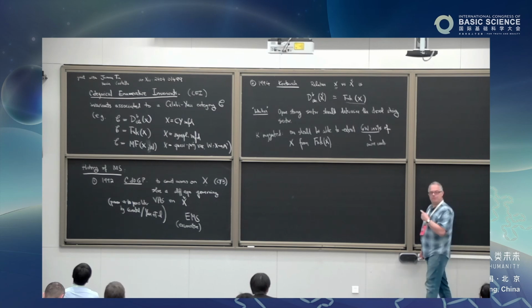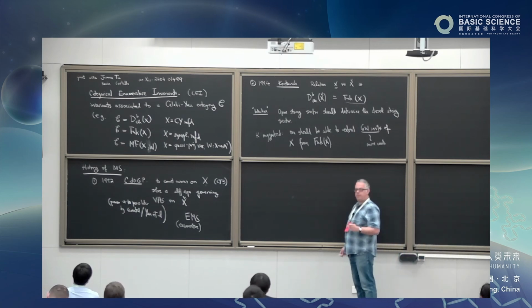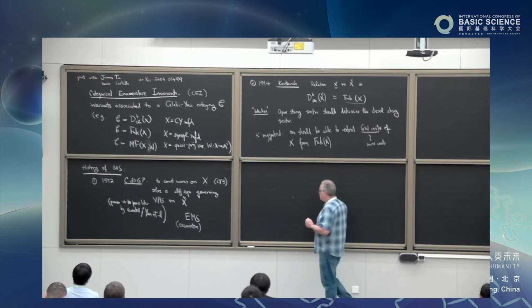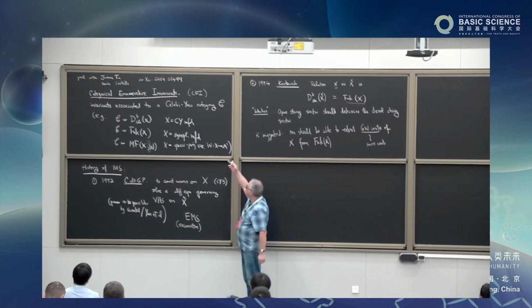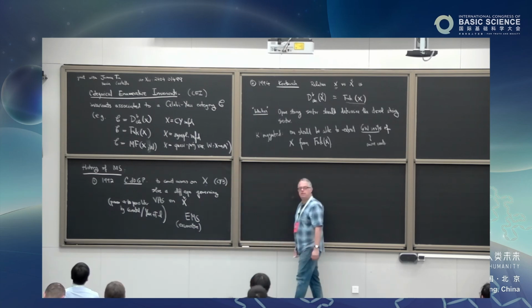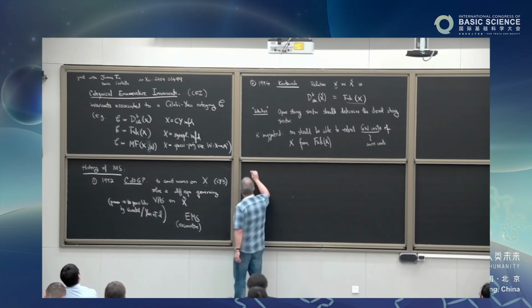So it's been a long time coming. It's not a very easy problem, and there has been a lot of progress. We hope that our paper is the ultimate definition of these invariants. But there was some earlier progress.